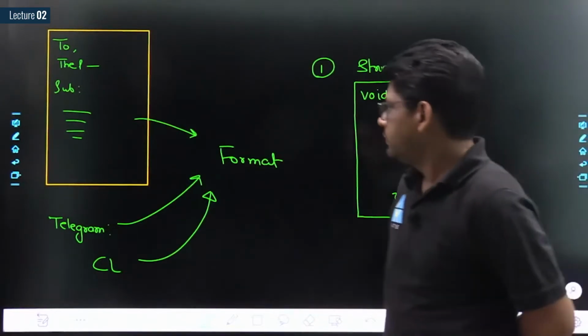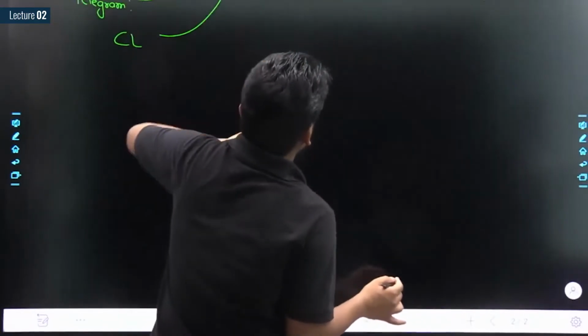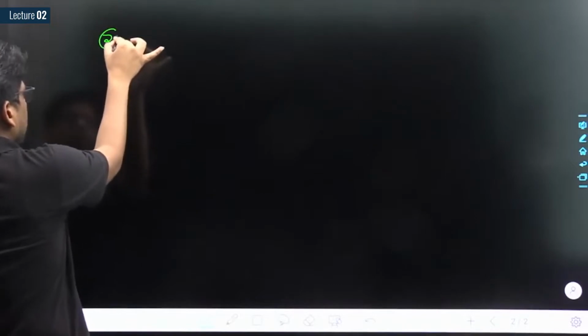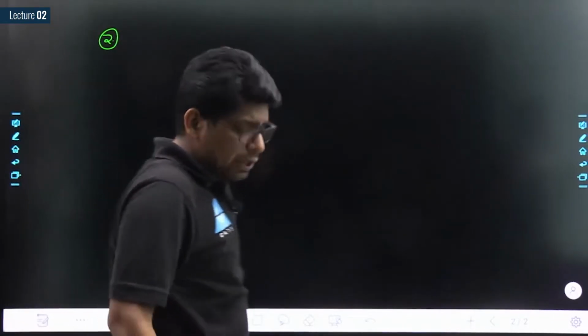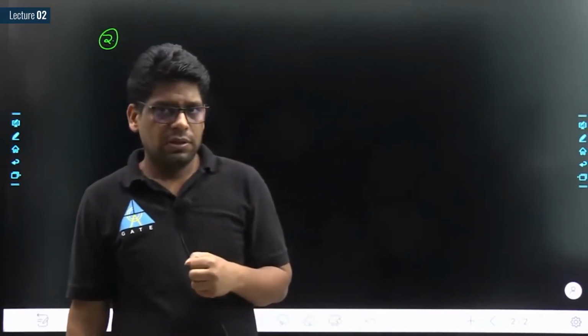Okay, point number 1, every program has some structure. Point number 2: in all the examples I took in the previous lecture, like Google Maps, the automated washing machine or the ATM machine, how does it work?